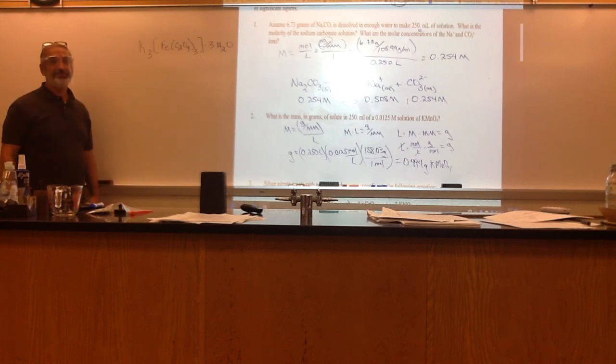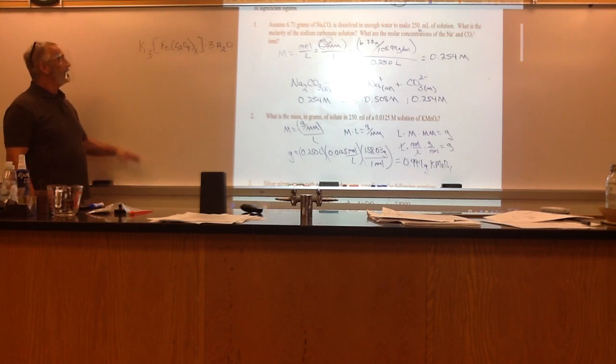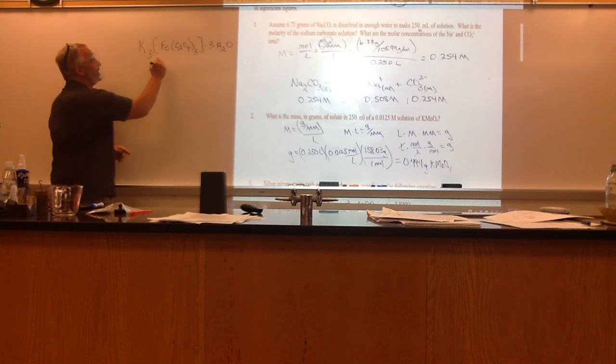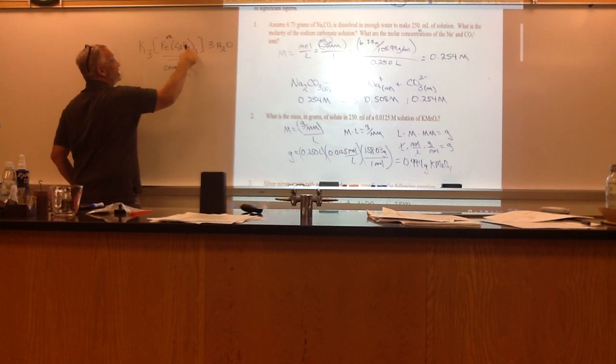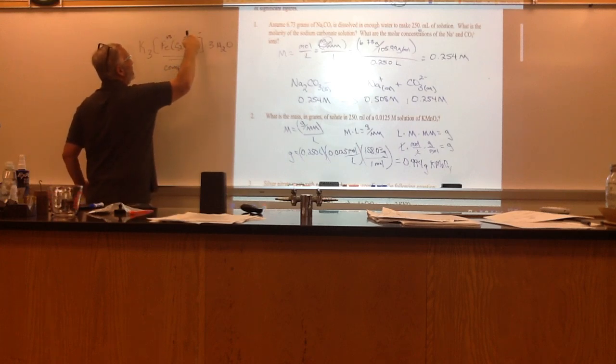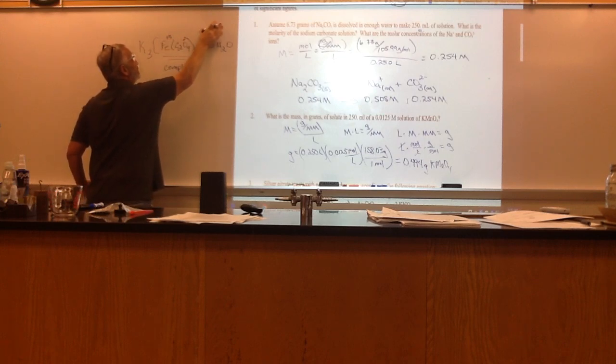Potassium oxalate disappeared. But this is what we call a complex ion because it's composed of 2 ions. The Fe is 3 plus, this is 2 minus, so we have a total of minus 6 and plus 3.